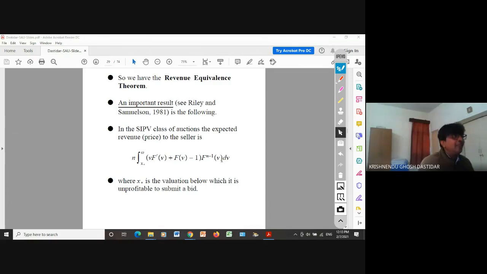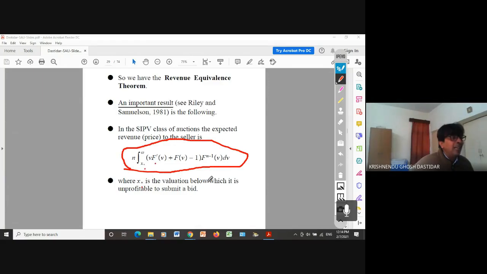The expected revenue to the seller across almost all auctions would be this. So it just depends on the distribution function and this X star. Now, what is X star? X star is the value below which it is unprofitable to submit a bid. So bidders below X star do not submit a bid.